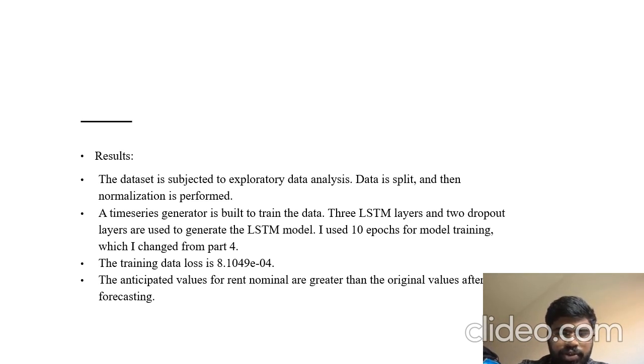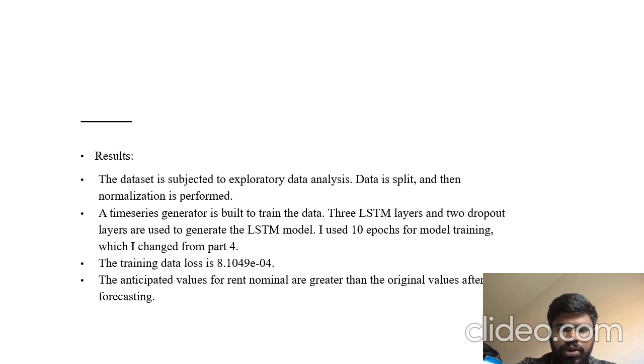And these are the results which show the recreated data flow. The dataset is subjected to exploratory data analysis. Data is split and the normalization is performed. A time series generator is built to train the data. Three LSTM layers and two dropout layers are used to generate the LSTM model.